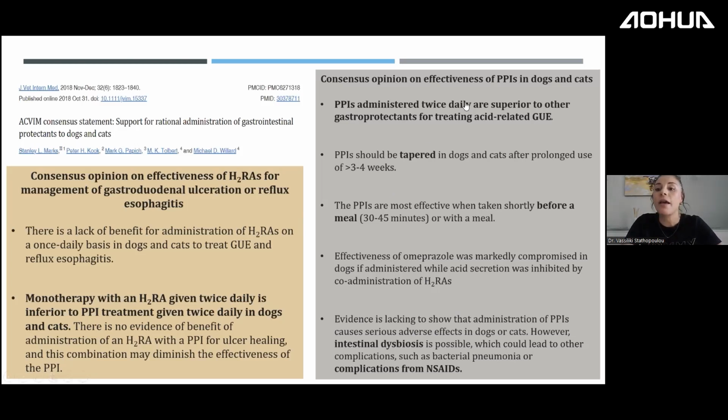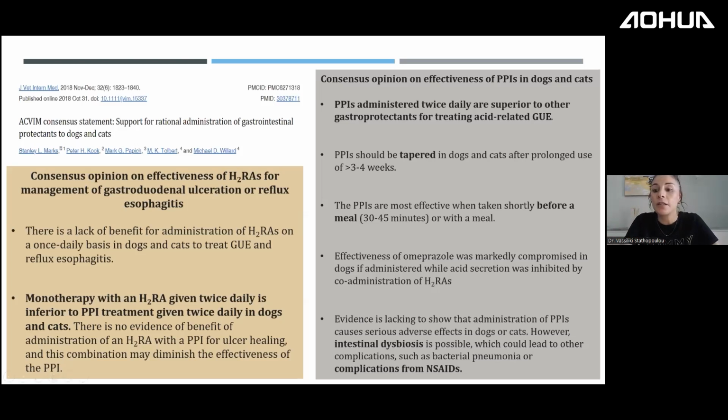PPIs are the most effective drug, which is esomeprazole, pantoprazole. I can give you the dosages if you need them as well. All PPIs, for example, are at the dosage of 1 milligram per kilo, twice per day, not as in humans. In humans, it's once per day, but in animals, it's twice per day.